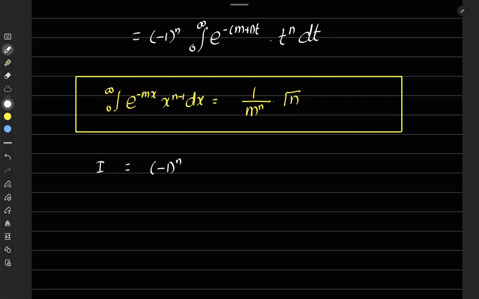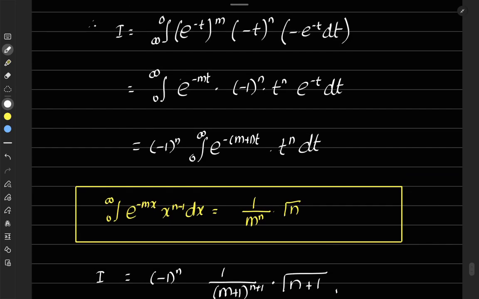Here the role of m is played by m plus 1, so 1 upon m plus 1 power n plus 1, because value of n minus 1 is here n, so it will be n plus 1 for n, and this quantity will be gamma of n plus 1. So we can conclude this as our value.